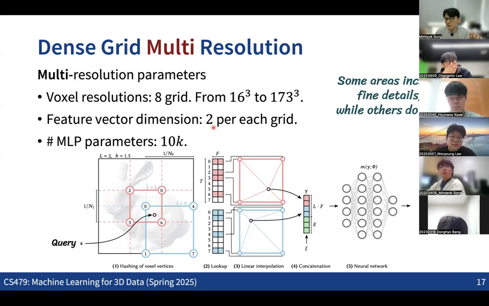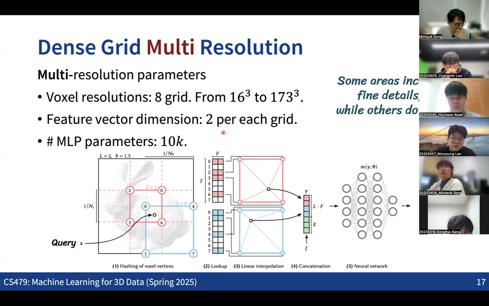We can still think of it as getting a 16-dimensional feature vector for each point, but each 2 dimensions of the 16 come from a grid with a different resolution. Some 2 dimensions come from the very coarse grid, and others come from the very fine grid.